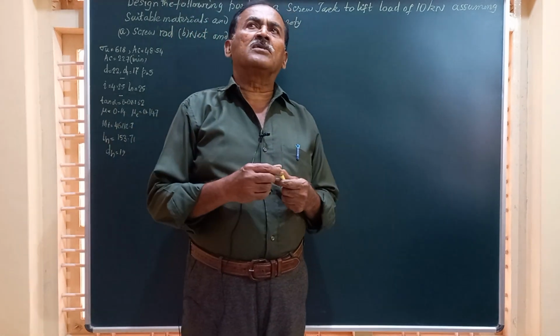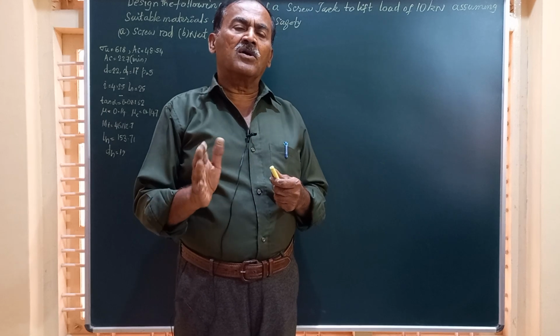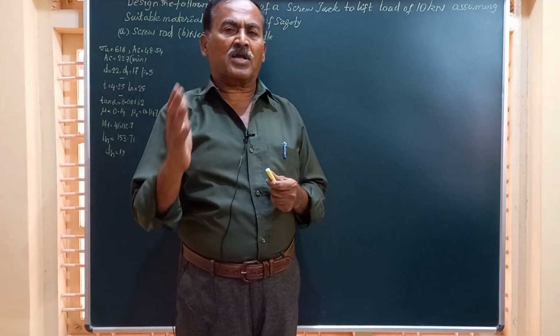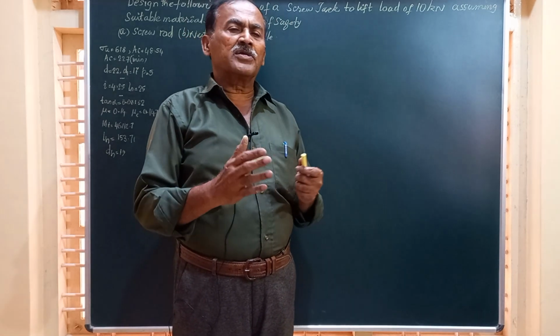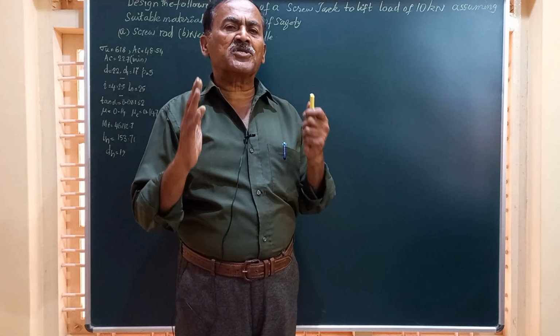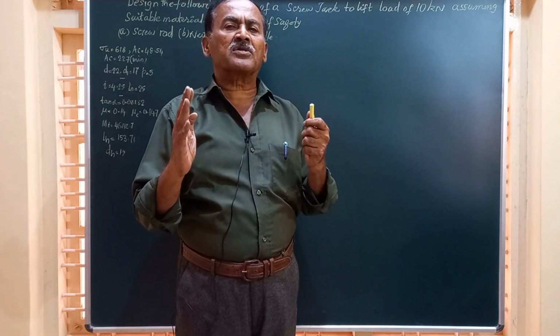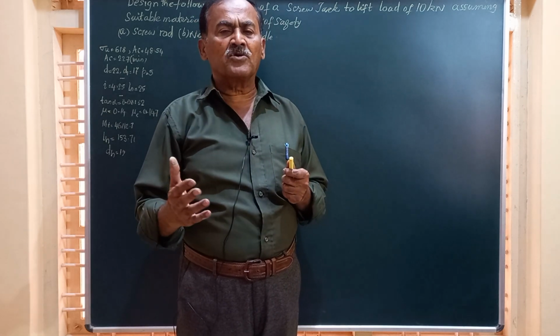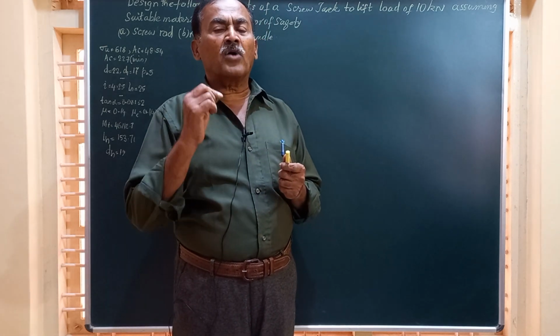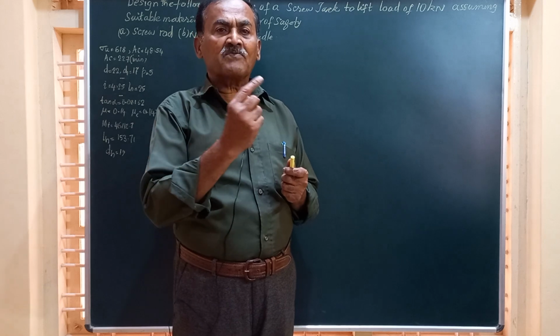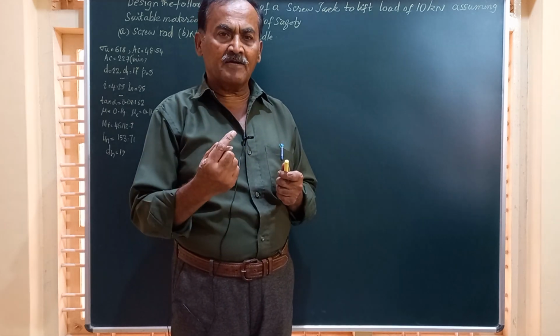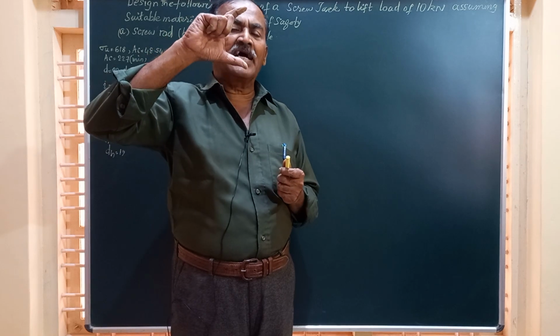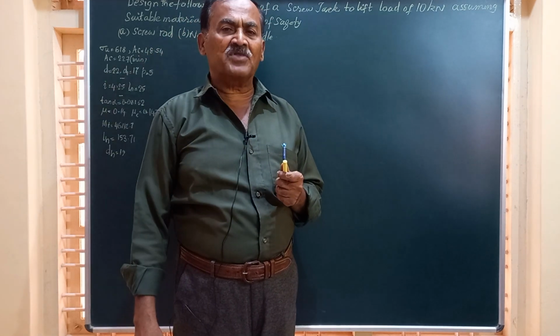Generally, these nuts are made of either cast iron or bronze. Depending on the material, there will be what is called a bearing pressure or a bearing stress. So, in the design of this nut, we need to find out the number of threads cut inside the nut, and also the height of the nut or length of the nut.